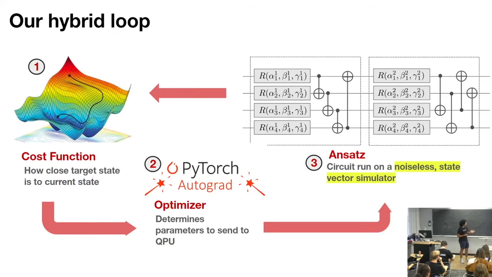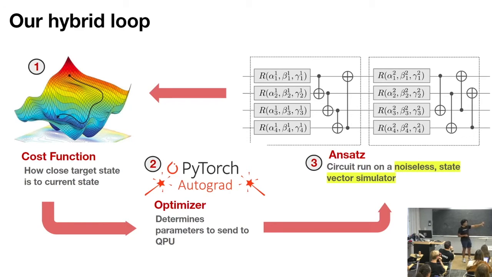So what we have here is we're trying to achieve a particular quantum state. And so we have a cost function that establishes how far our current state is from our desired state. We then apply this cost function to our optimizer to determine what parameters should get sent to our quantum simulator, and then we run a simulated quantum circuit with these parameters.